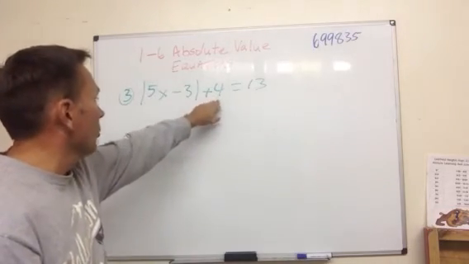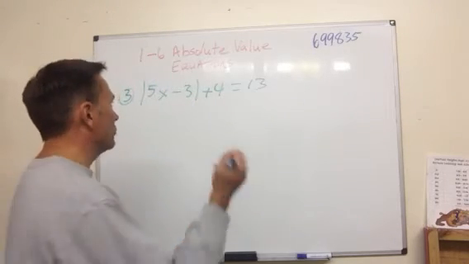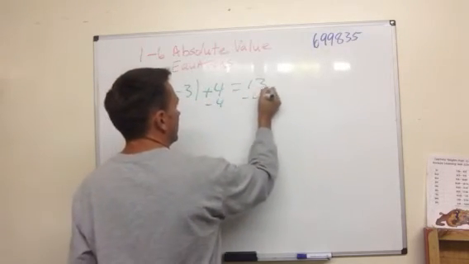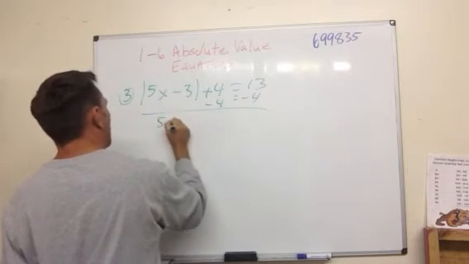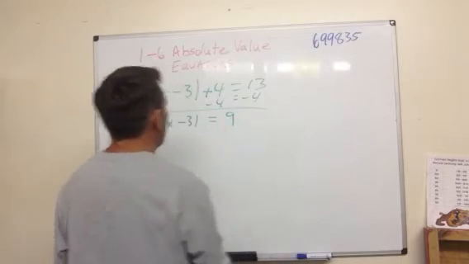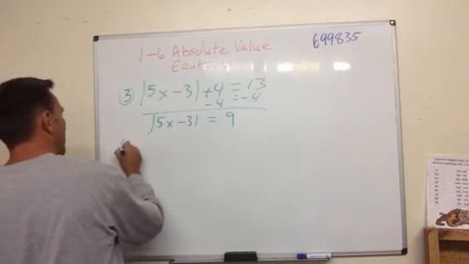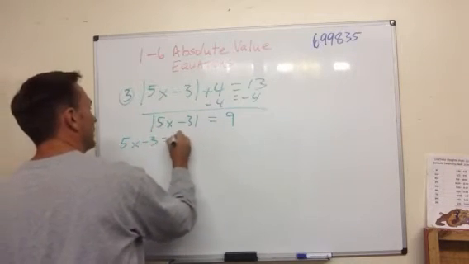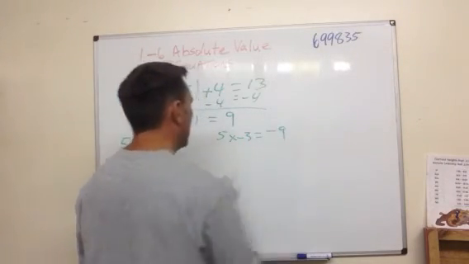We have to get this by itself. I see a 4 is being added to it, so we have to add opposites first. Now we end up with the absolute value of 5x minus 3 equals 9. Now we can split this up to make it 5x minus 3 equals 9 and 5x minus 3 equals negative 9.